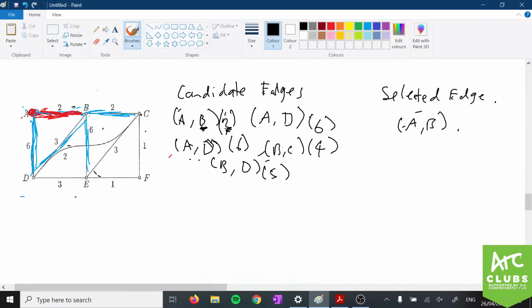And similarly, what's the next edge? BE. BE would be going from A, B, and then E, so 8. Travel along the red part and then the blue part. Out of those, we select the lowest value, which is BC.